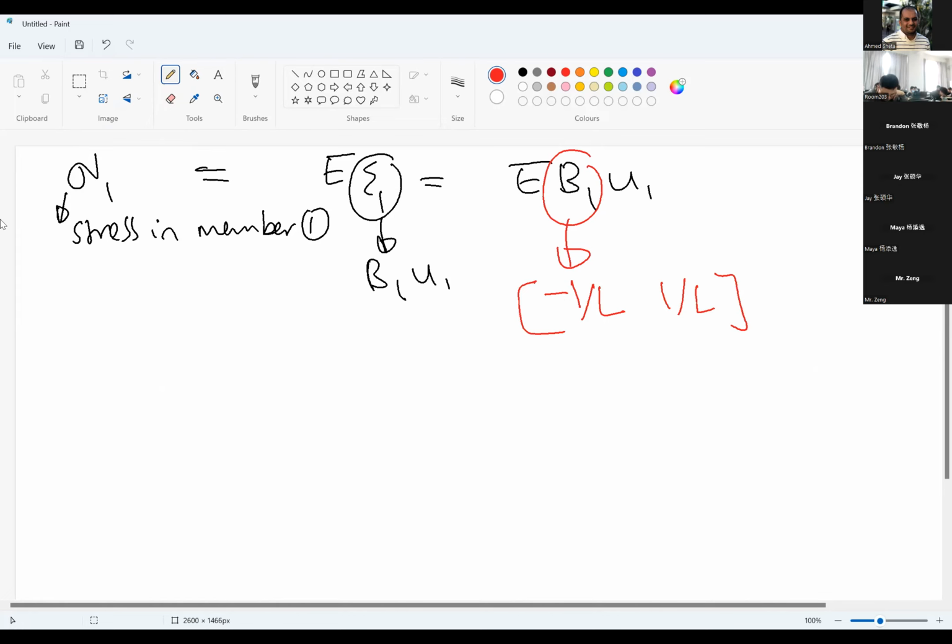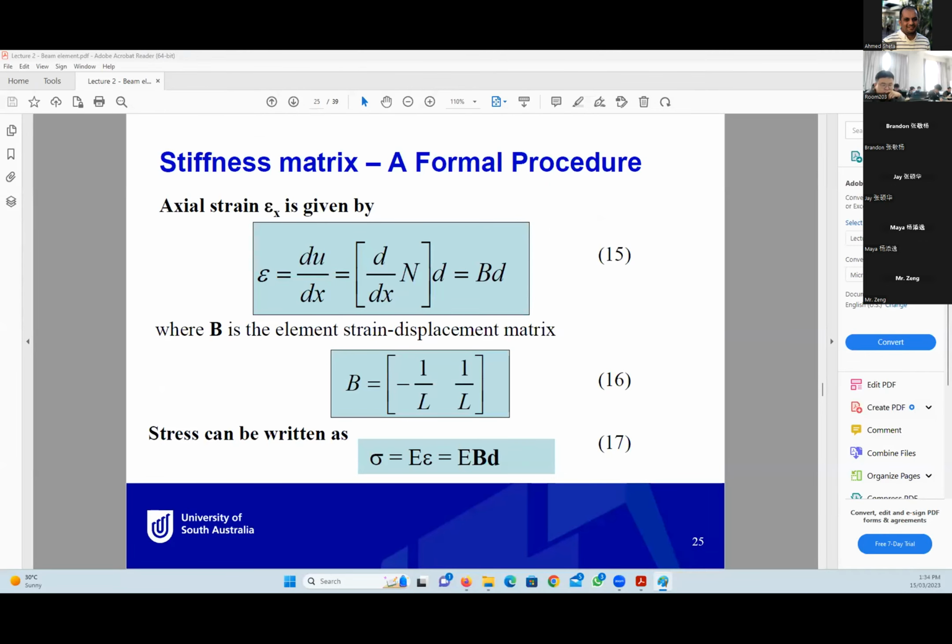If you return back to the slide, just to show you this part. Can you see the screen now? What is B? B is the element strain displacement matrix.